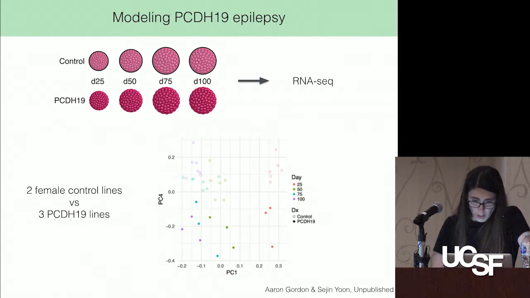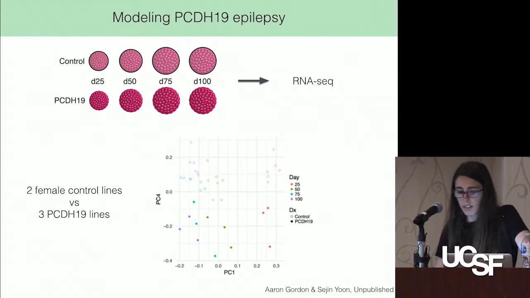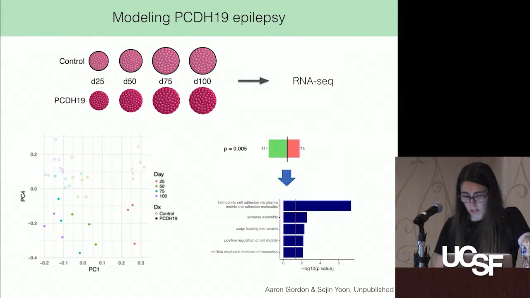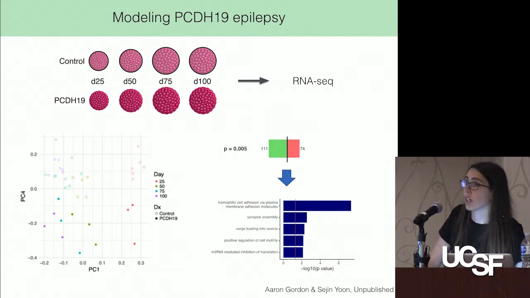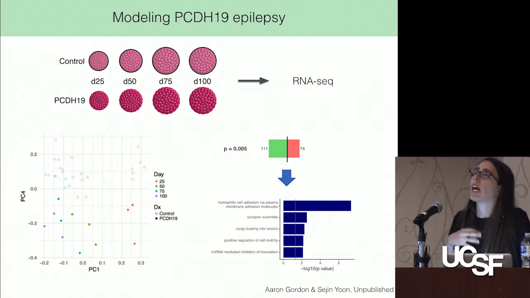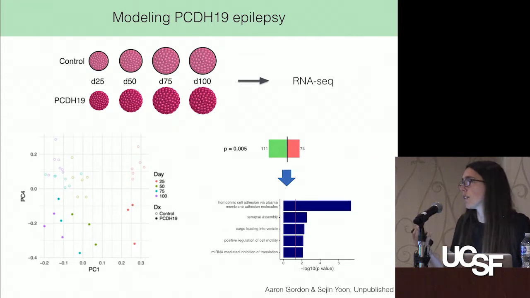And then we asked, well, what's different? We did differential gene expression, and we found a number of genes that were either downregulated or upregulated in PCDH19. Then we went on to do gene ontology analysis, which basically highlights important pathways enriched in these differentially expressed genes.